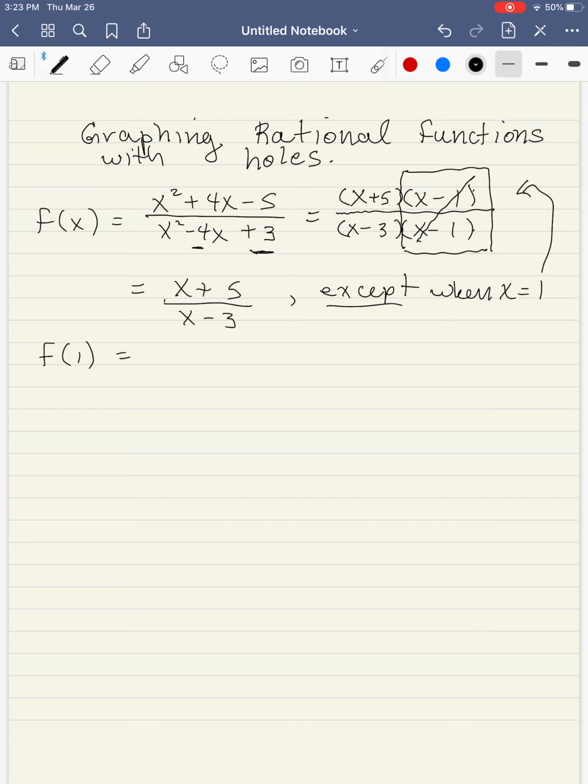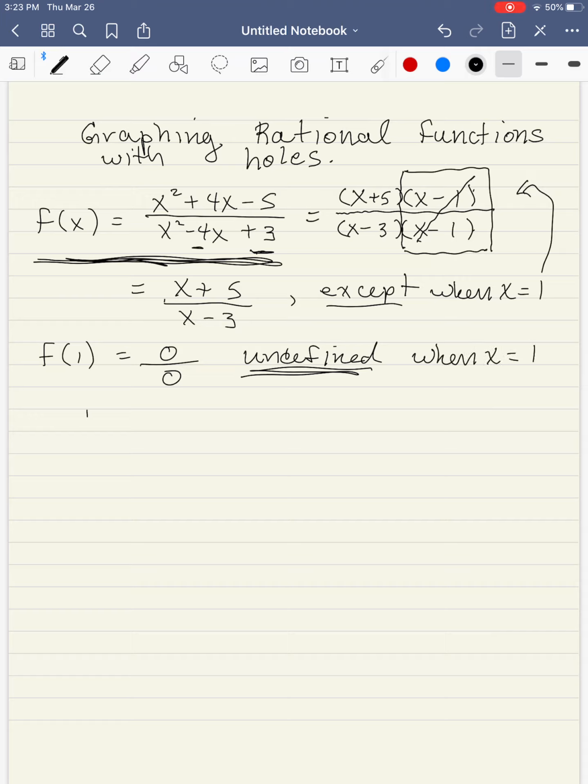So if I actually were to find f of 1 from the original function, I would have 0 over 0, which is undefined. That means this function f of x does not exist when x equals 1. That's what gives me a hole in the graph.